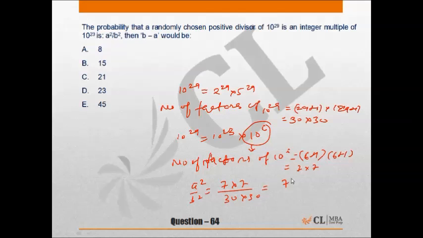From here we get a equals 7 and b equals 30. Therefore the required difference will be 30 minus 7, that is 23. Therefore option D is the correct answer.